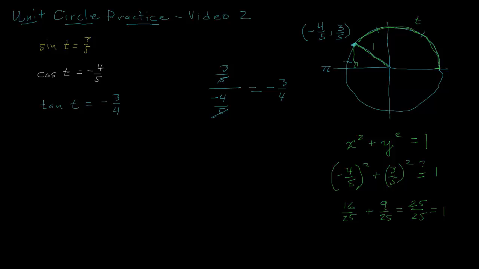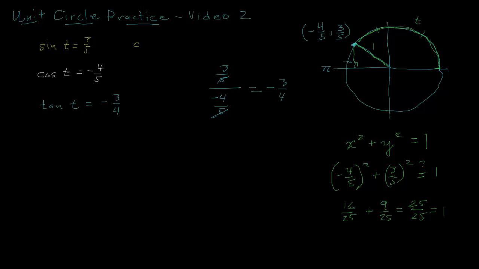I want you to see that the terminal side does have a slope that's negative, slope of -3/4. And that's something visual to think about when you're thinking about a tangent. I'm here in the second quadrant. I have a negative slope, negative tangent.